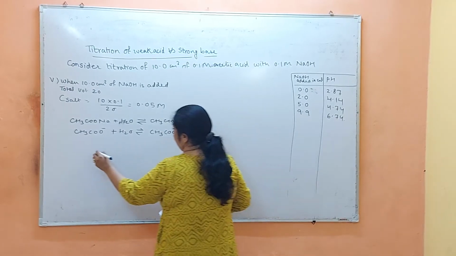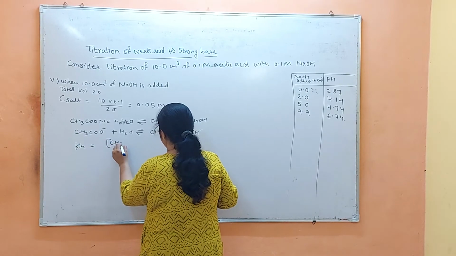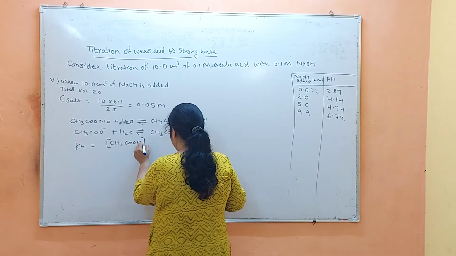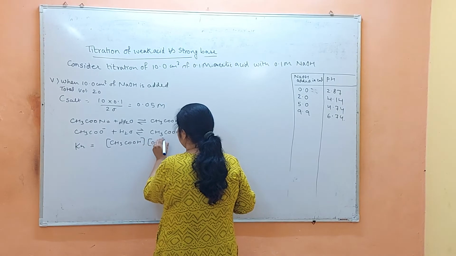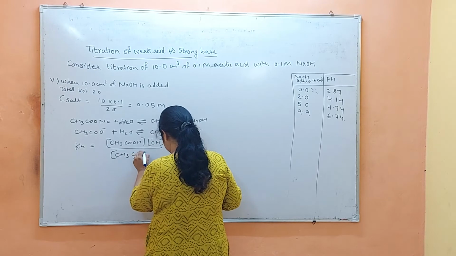Now see, Kh here will be equal to CH3COOH into OH minus upon CH3COO minus.